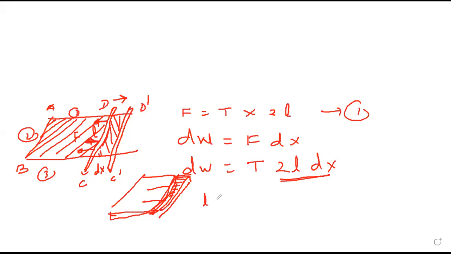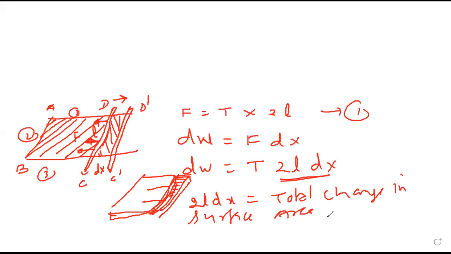So can I say 2L dx is the total change in surface area, denoted by dA? So I can say the work done is T into dA.